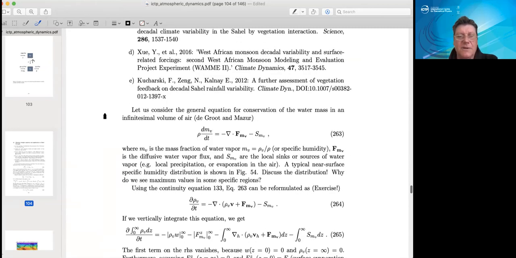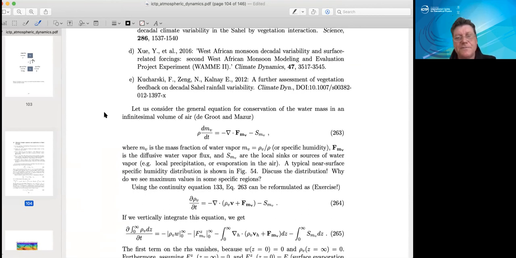In order to derive this equation, we go back to a first principle equation, essentially an equation for the mass fraction of water vapor in the atmosphere. That equation interacts with the other equations in our thermohydrodynamic system. So far, we have not made a lot of use of this equation.